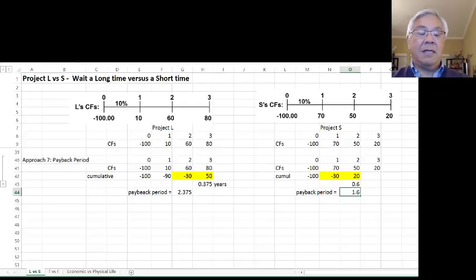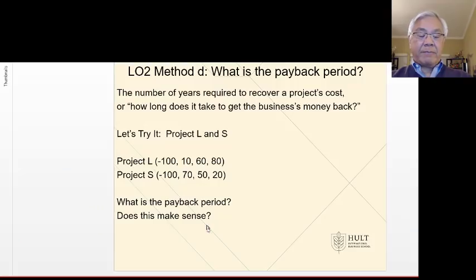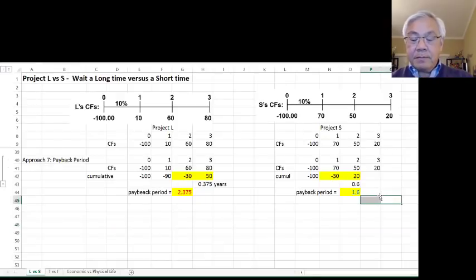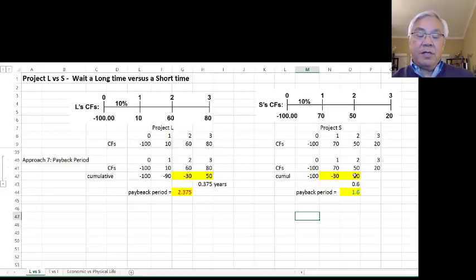So this again is the superior result, right? I'd rather get my money back sooner than later. So that's payback period. Now, does it make sense? Let's look at the numbers. I get my money back faster, but what you notice is that later on, I'm going to start making more money.